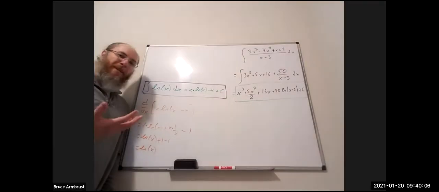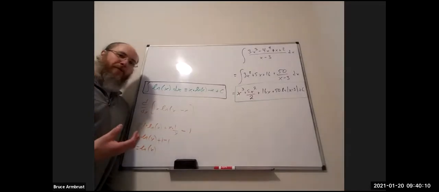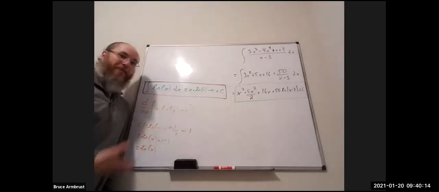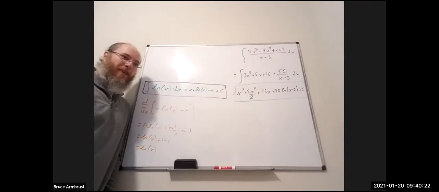But have you noticed something? Have you noticed how integrals of really nice basic functions are getting kind of ugly? Go back to tangent. Tangent's integral was the natural log of the secant of x.